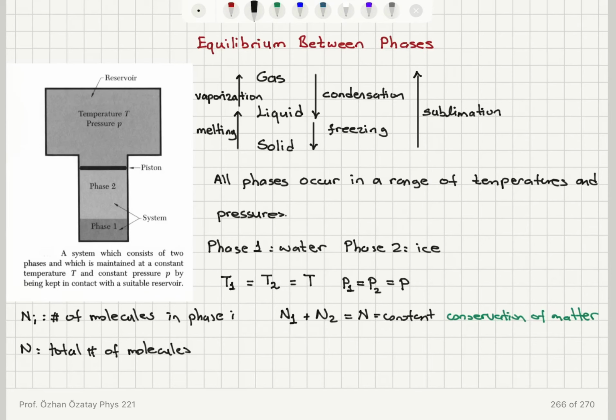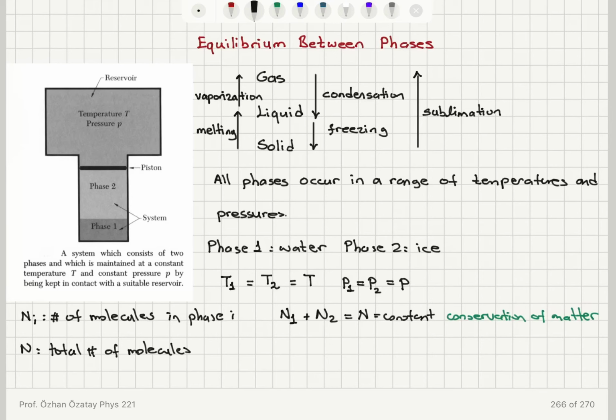And if you think about the mixture of phases in thermal contact with a reservoir at temperature T, with a movable piston at pressure P, the equilibrium condition is that the total Gibbs free energy of the system must be minimized so that the total entropy is maximized.